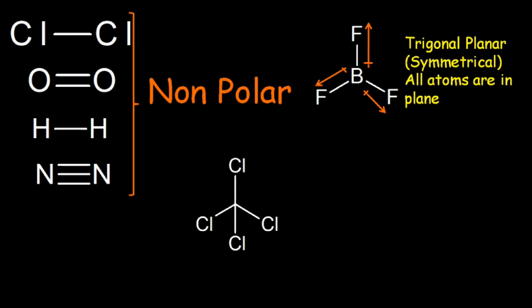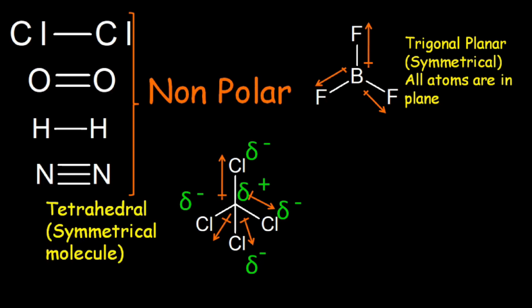The same is the case with CCl4, carbon tetrachloride. The individual bonds are polar, having a specific direction of dipole moment, but their directions in space cancel the effect of the individual dipoles, making carbon tetrachloride a non-polar molecule. Its dipole moment is zero and its geometry is tetrahedral.